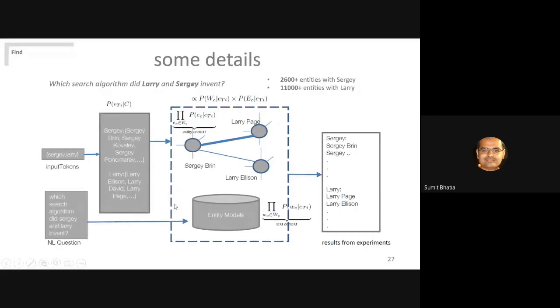So of all the persons called Sergey, all the persons called Larry, obviously Sergey Brin and Larry Page will have the highest probability of containing the keyword search algorithm, because they have worked on it. We call them entity models, but you compute these scores from the text of Wikipedia.